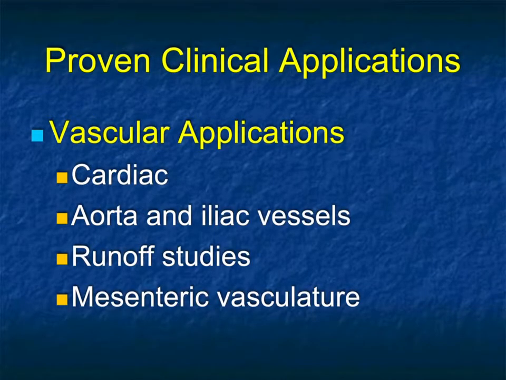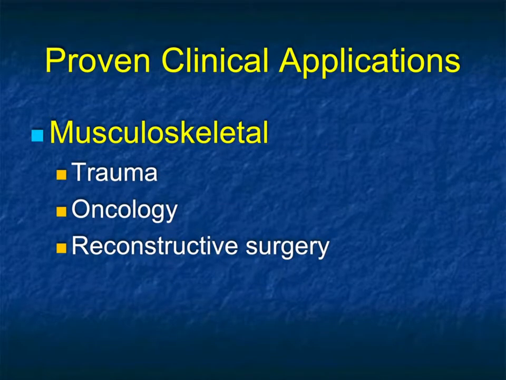Vascular applications continue to grow, be it cardiac, be it the aorta and iliac vessels, or runoff studies, or the mesenteric vasculature, or doing vascular mapping for preoperative planning, whether it's various organs or various tumors, and of course musculoskeletal, particularly trauma, but also oncology, and preoperative planning for reconstructive surgery.